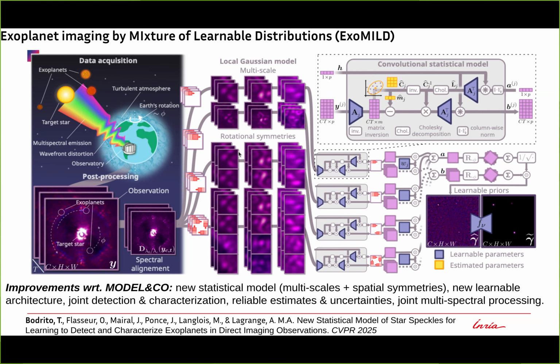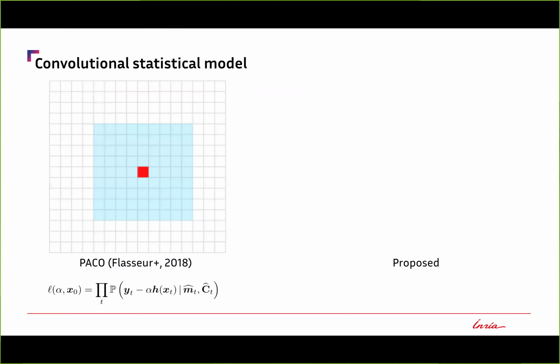And so we wanted to see how that could help with detection. So what we try to do in this model is to have a model that is still interpretable statistically, and the way we do that is by first.